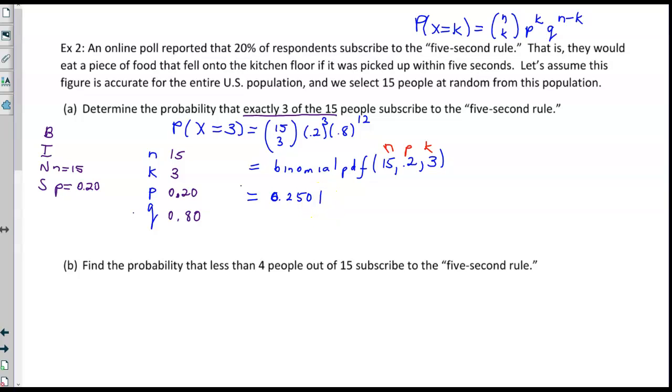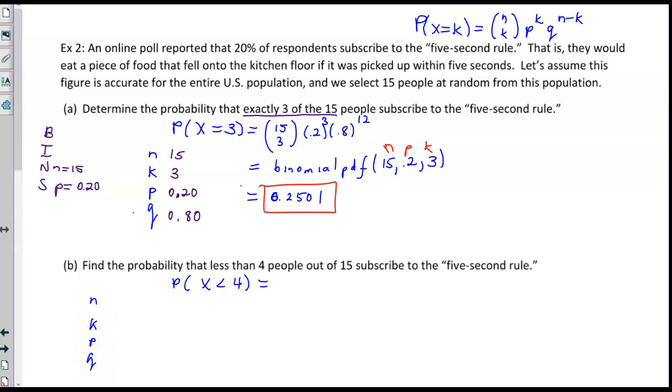Okay, so let's go on to the second example. Find the probability that less than 4 people out of 15 subscribe to the 5-second rule. So you have to be very careful with notation. In this case, it's less than 4, not less than or equal to 4. And that's going to be different. So the parameters are going to be n, k, p, and q.